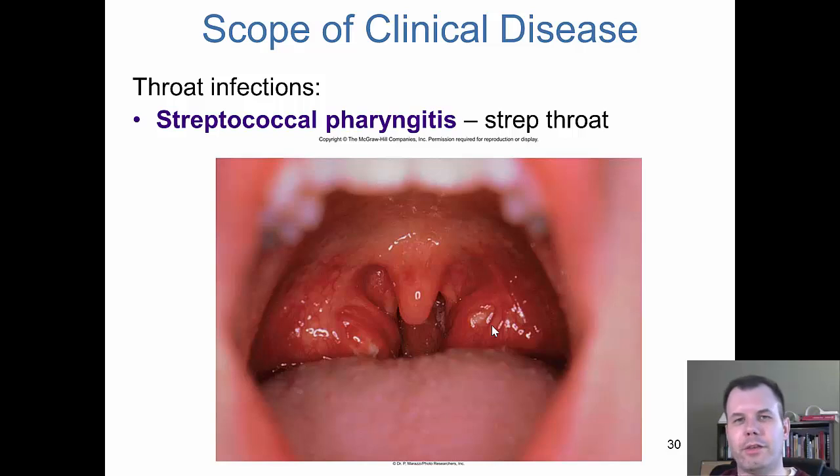Also, if the patient has a rash on the face and a fever, that's a really good sign of strep infection. Typically with strep, you're going to have a high fever and a rash because of the pyrogenic toxin it releases, which triggers the fever and the rash that goes along with it. So if you see those things, that's probably a good sign that you have a strep throat infection.